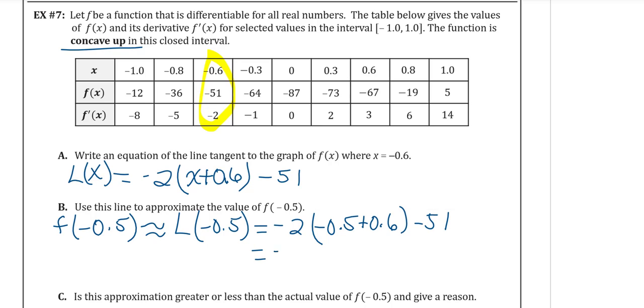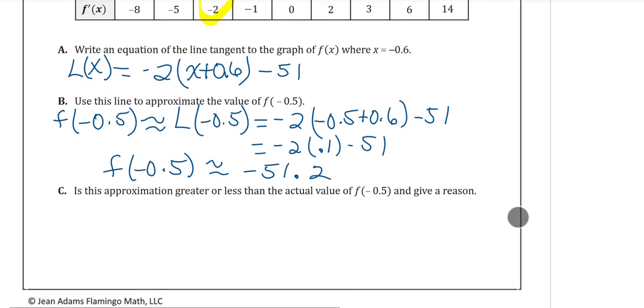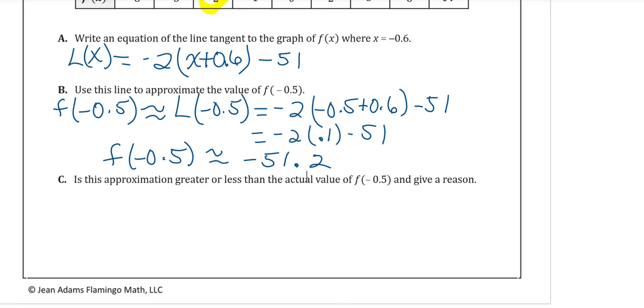So this is going to equal -2 times 0.1 minus 51. So f of -0.5 is approximately equal to -51.2.